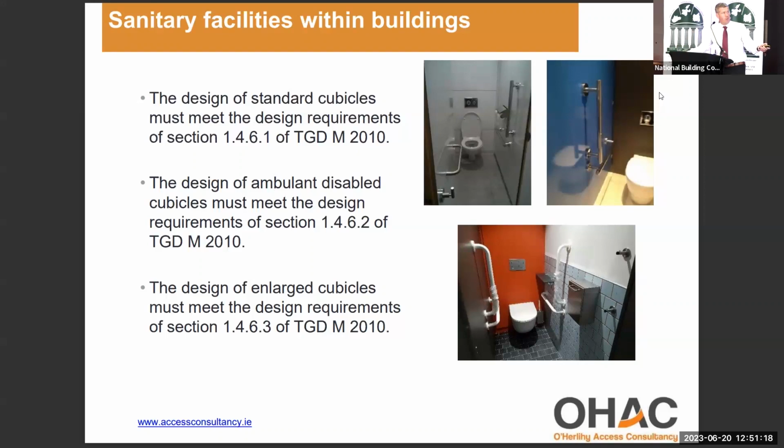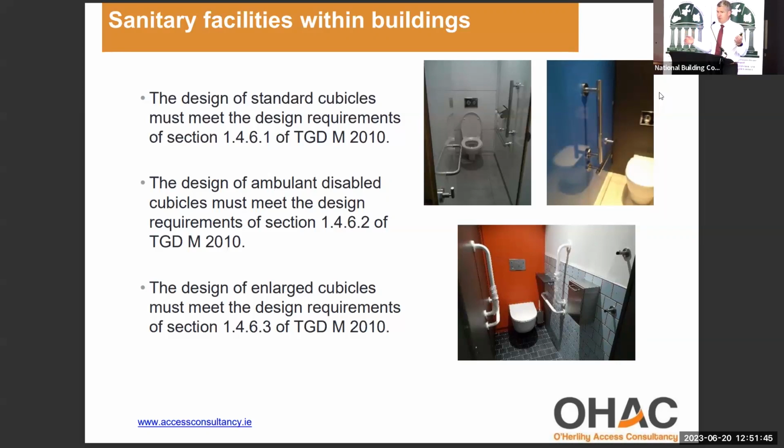You need to have 4 grab rails to either side of the toilet, and the front of the grab rail should be positioned about 200 millimeters in front of the pan. You need to have 2 coat hooks at different heights. You need to have a pull handle on the inside of the outward opening door. You need to have an easy to use lock. You need to have a colostomy shelf for people using colostomy bags. So in that toilet alone, there's probably 10 or 12 things that can go wrong in relation to Part M.